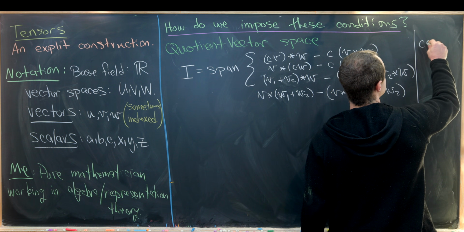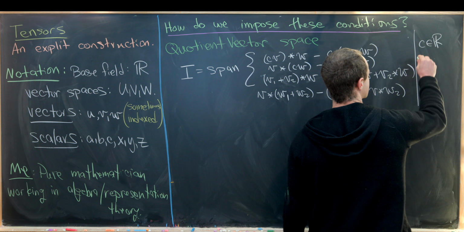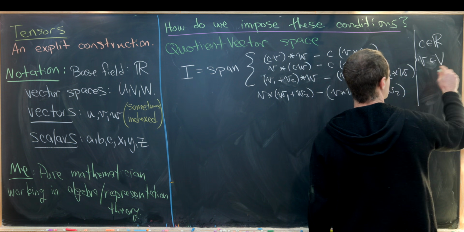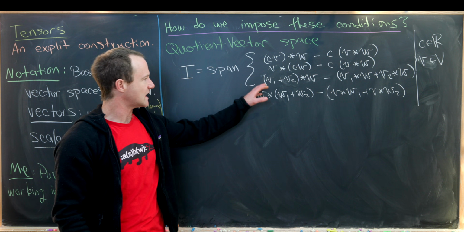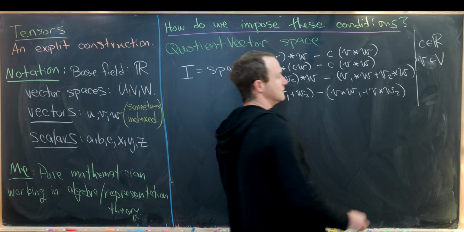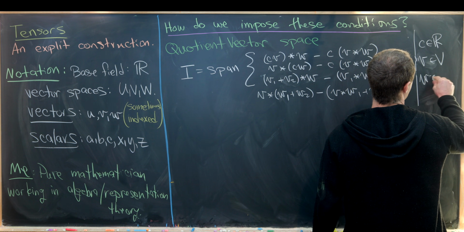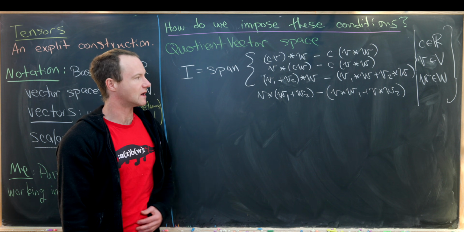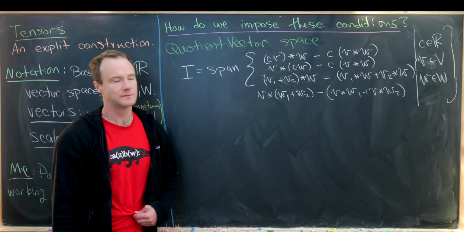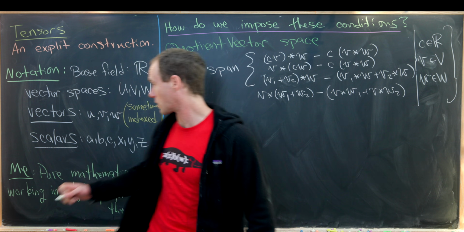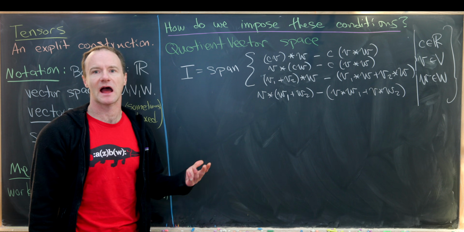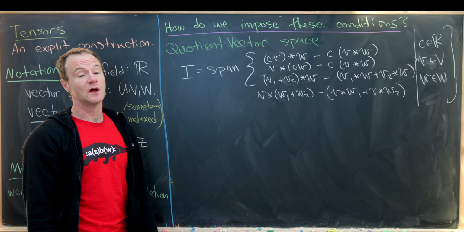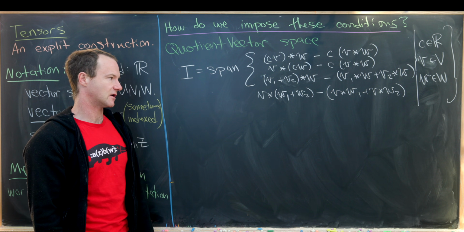So here we have c is coming from the real numbers, and then v is coming from V, and that maybe includes v, v1, and v2. And then w is coming from a vector space W, where that also includes w, w1, and w2. And here, V and W are arbitrary vector spaces again. They're not our example, although we will revisit our example.